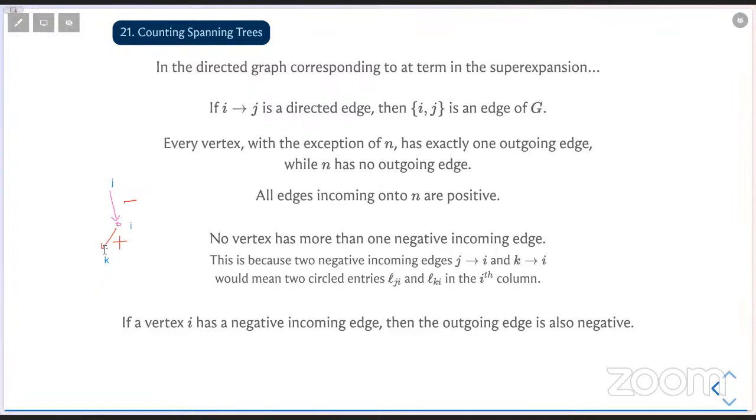So yeah, that's the claim. I think Janki is saying the ith row and the ith column is selected. That would be true in the sense that if the edge from I to K is positive, that means we must have picked out a +1. In fact, there must be a +1 that was picked out from the ith entry.